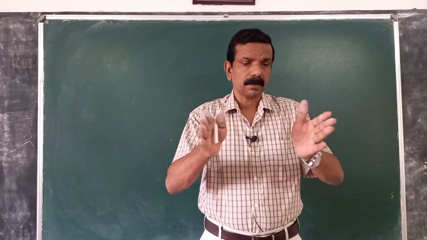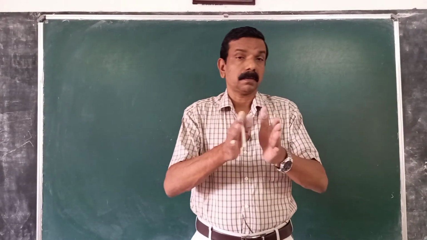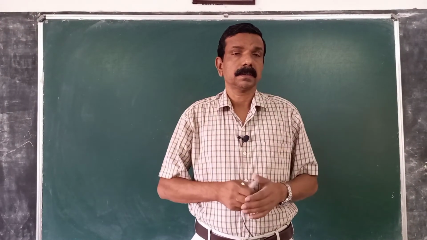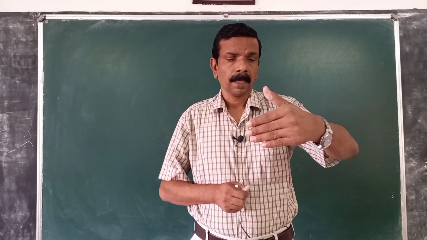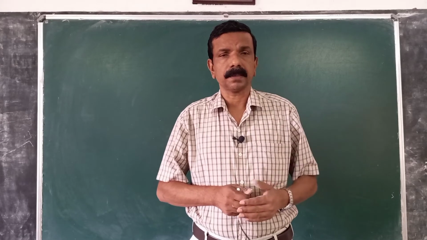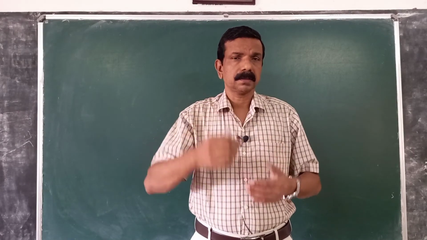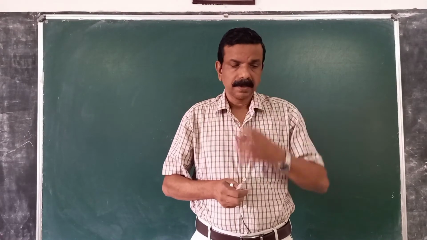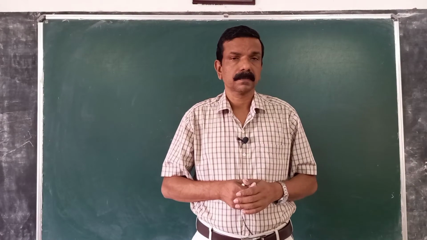Market supply of a commodity is nothing but the quantity supplied by all the producers in the market. It depends on all the factors which determine individual supply plus the number of producers in the market.